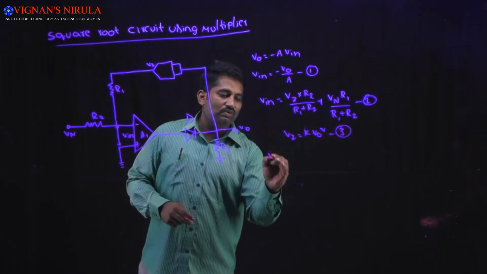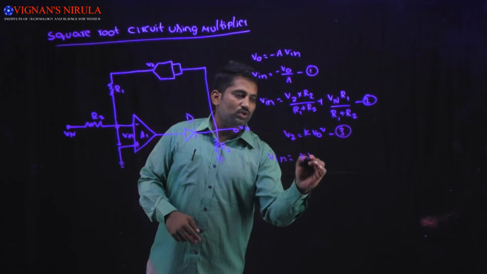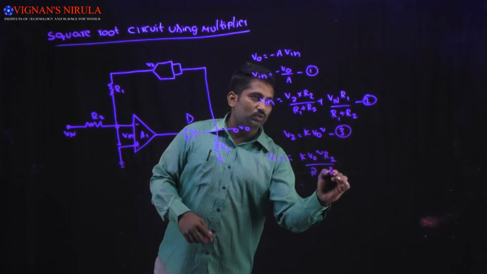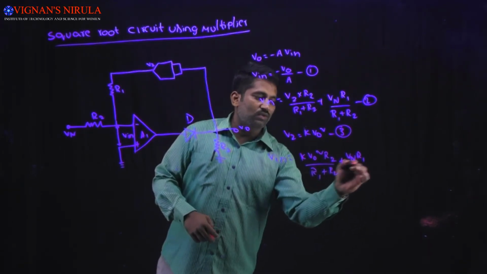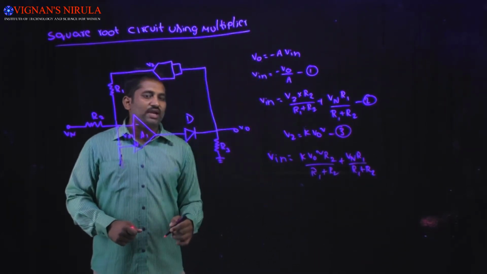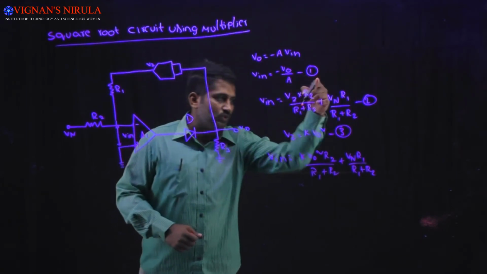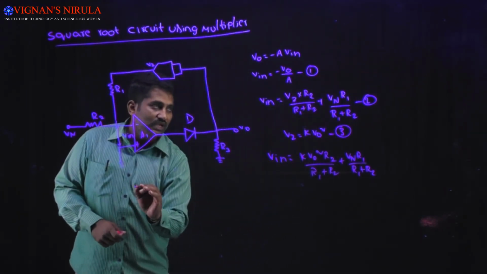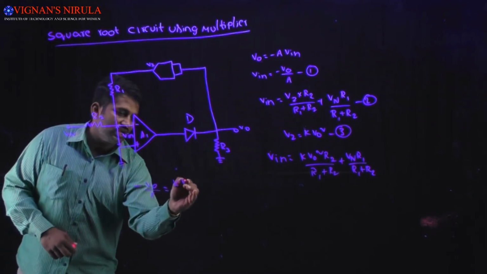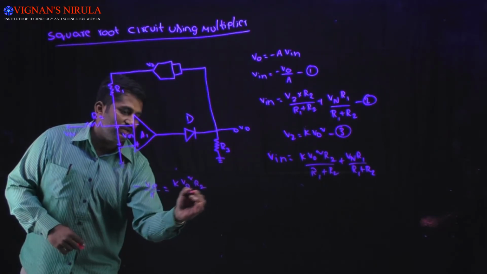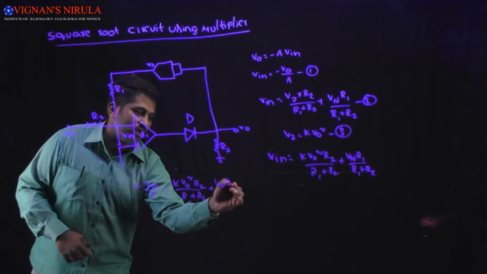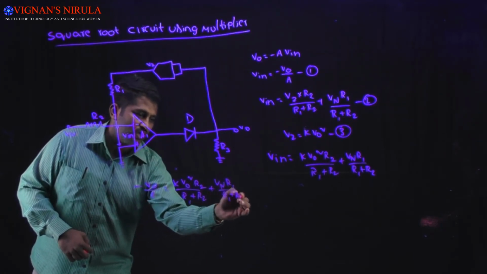Substituting, we get Vin equal to K into V naught square R2 divided by R1 plus R2, plus Vn into R1 divided by R1 plus R2. We know that Vin is equal to minus V naught by A, so substituting equation 1, we get minus V naught by A equal to K into V naught square into R2 divided by R1 plus R2, plus Vn into R1 divided by R1 plus R2.